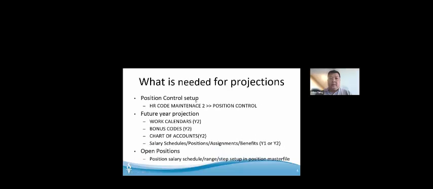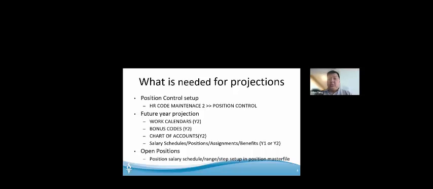Okay. So what is needed for projections to run properly? Basically, you need position control set up. So your master files have to be filled out in HR Code Maintenance 2 under the position control file folder. If you want to do future projections, for example, we're in fiscal year 22 and you want to project for fiscal year 23, you got to make sure that you have your work calendar set up.